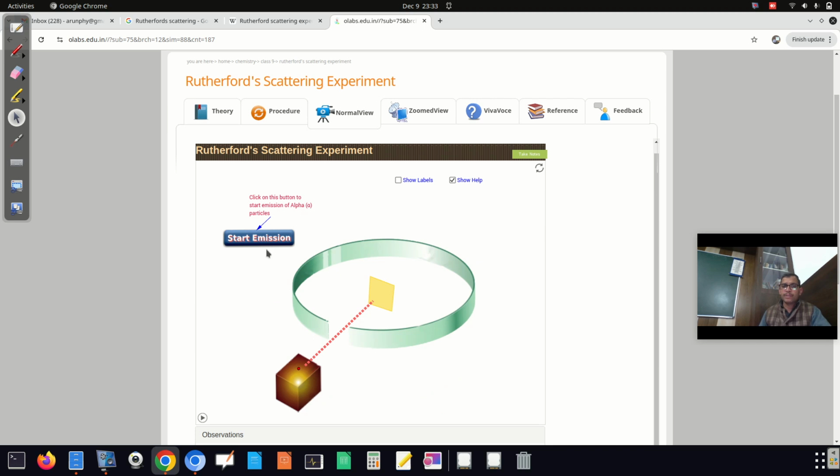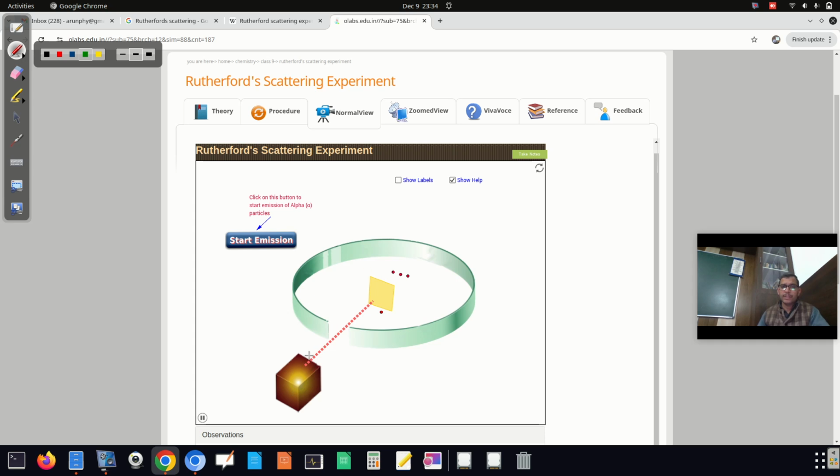Let me start it and show the labels. Just see, alpha particles are coming from here, and they bombard this gold foil.